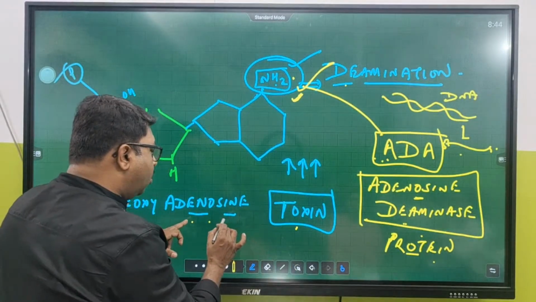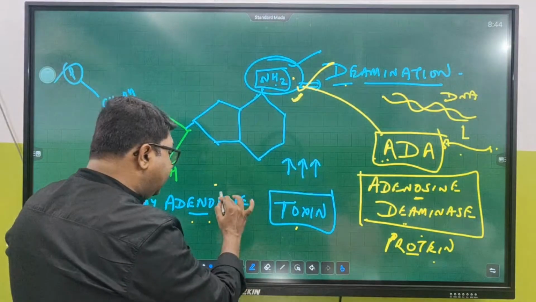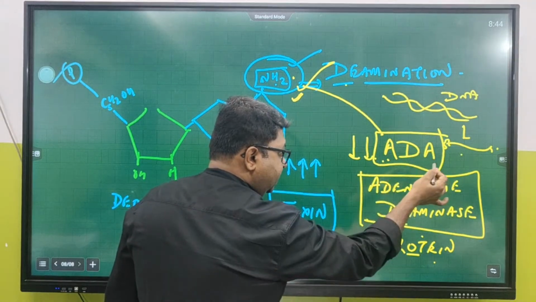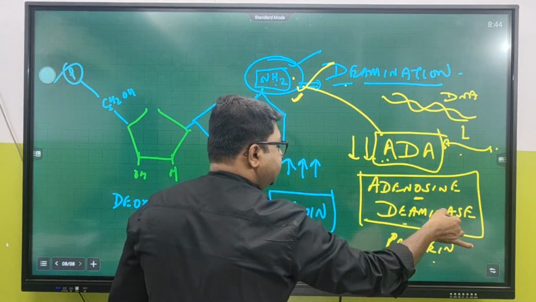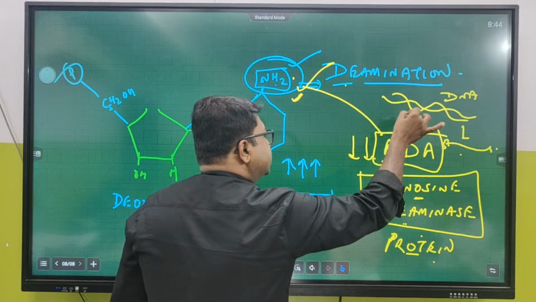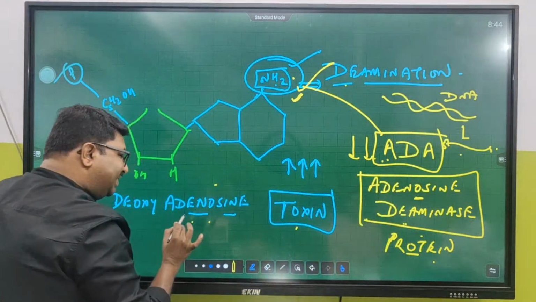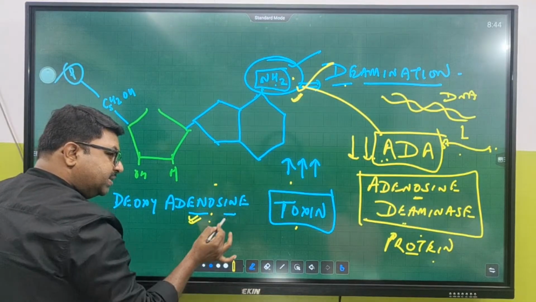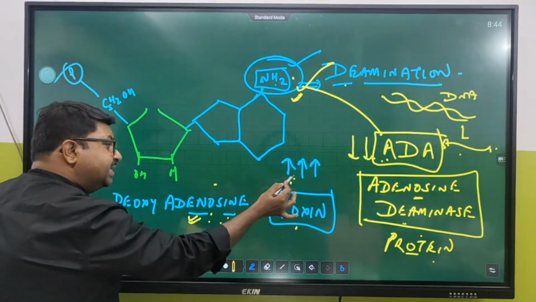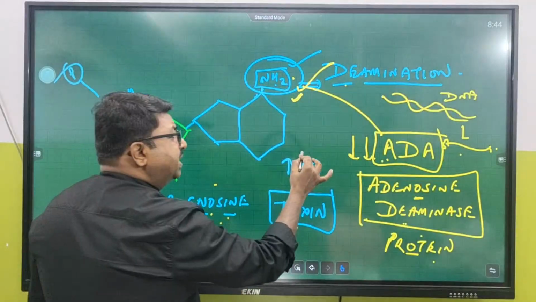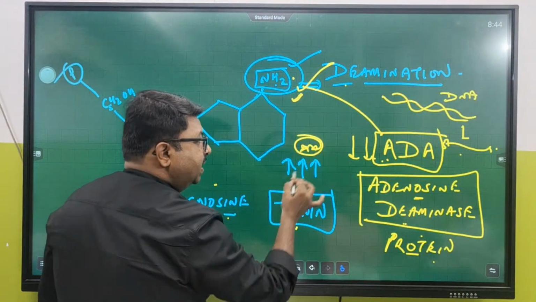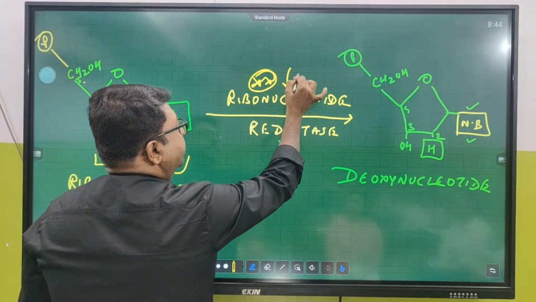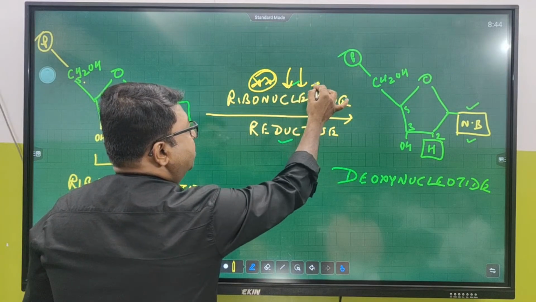If there has been a deficiency of the ADA gene, the gene which can produce this enzyme, then what is going to happen to the content of this? Is it going to increase or decrease? Increase. If this increases, then by the feedback mechanism, it is going to stop the function of this enzyme also.